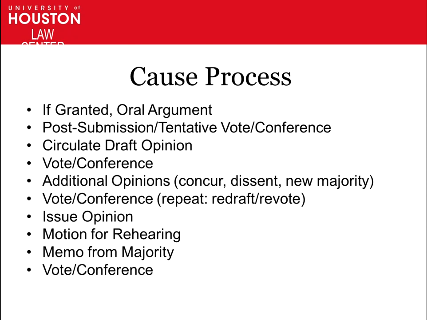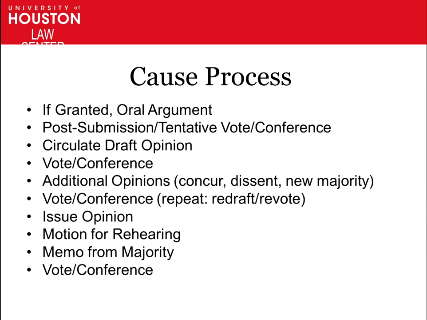So they have oral argument. You've seen what that looks like. And then some judges, not all of them, will circulate a short informal memo to the court called a post-submission memo. Oral argument is also known as submission, part of the submission process. So they might circulate a short memo outlining their tentative thoughts or which way they're leaning.